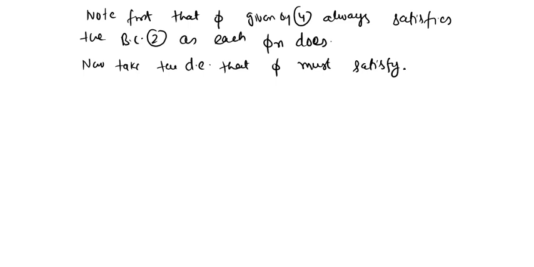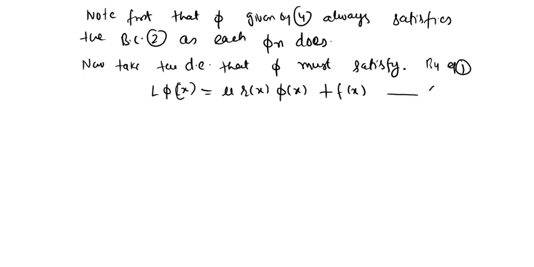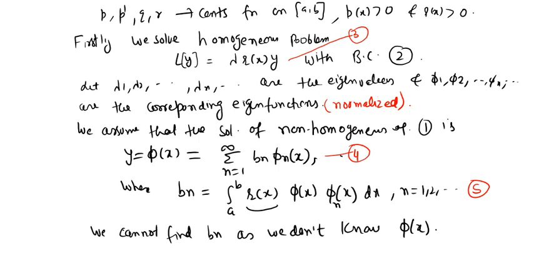Okay, so by equation 1, L of phi(x), replacing y with phi, equals mu r(x) phi(x) plus f(x). Say this is equation number 6.